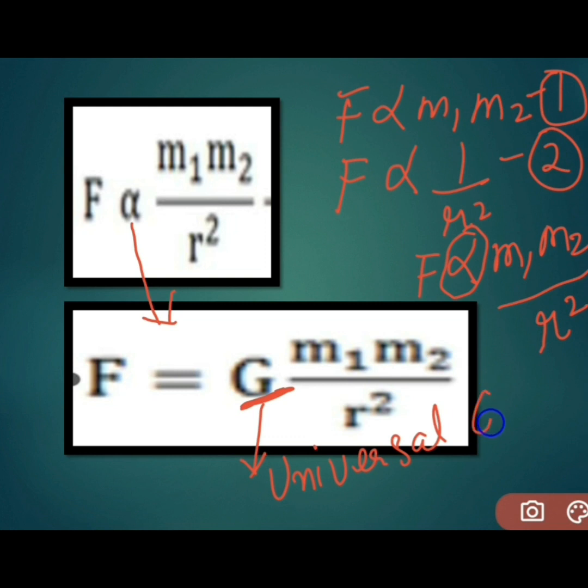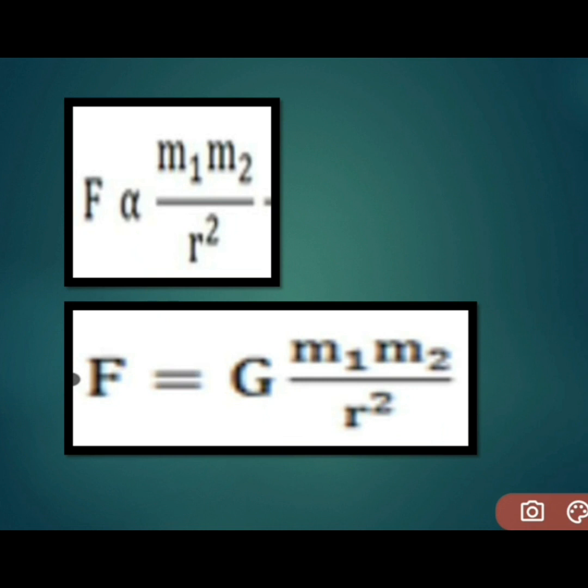So the formula for the force of attraction is F is equal to capital G into m1 into m2 by r square, where capital G is the universal gravitational constant. Hope that this concept is very clear to you. Now let us proceed further.